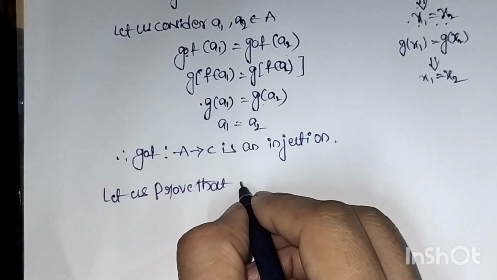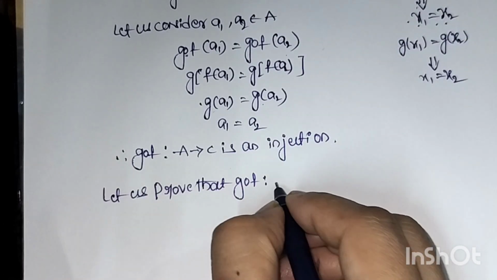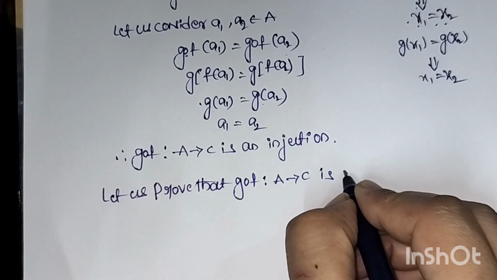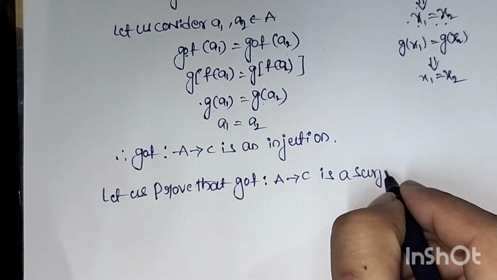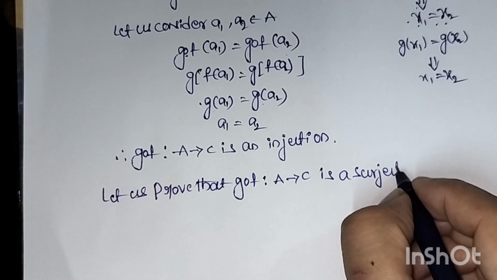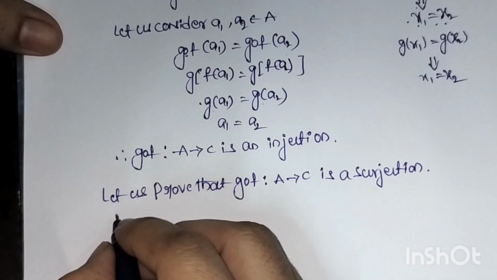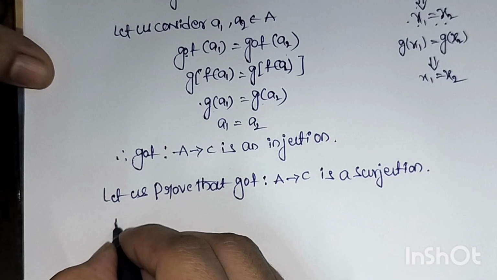Let us consider a belongs to A, b belongs to B, and c belongs to C. Take 3 sets.